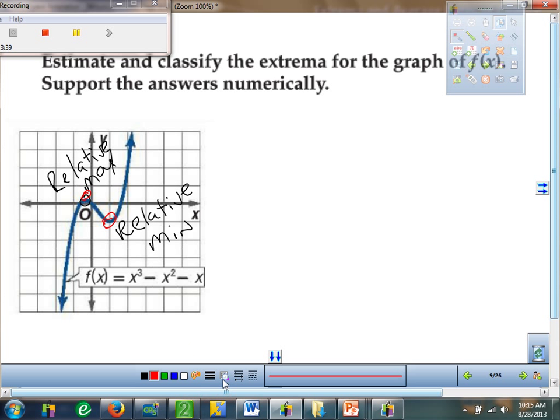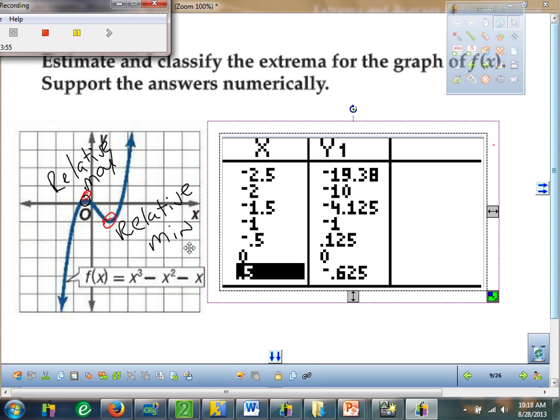Now to come up with numbers, this one looks like it could be at a whole number on the graph, but let's put this into the calculator and do a table of values. So go ahead and plot this in your calculator. What I did is I put the graph into the calculator, and I'm looking at my table values.